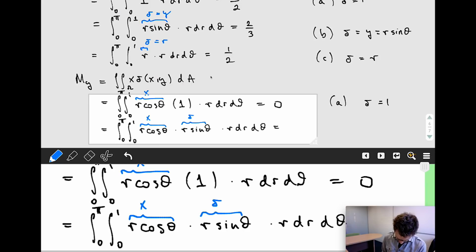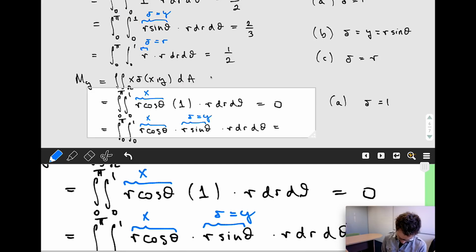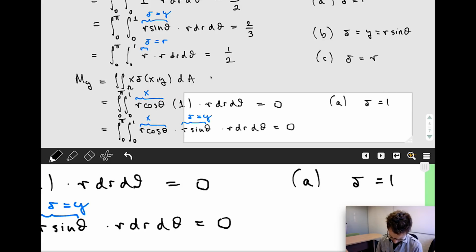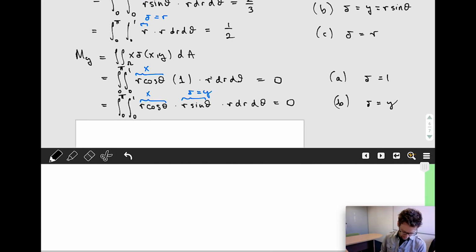This is delta, which is equal to y. And in this case, we also get 0. So this was the case of delta is equal to y.